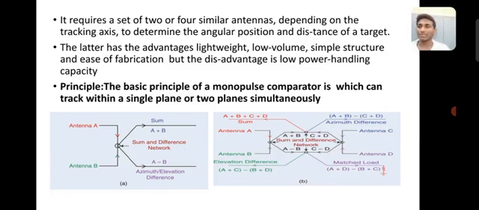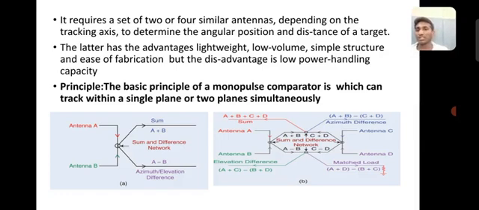The latter has advantages like light weight, low volume, simple structure, and ease of fabrication, but the disadvantage is low power handling capacity.